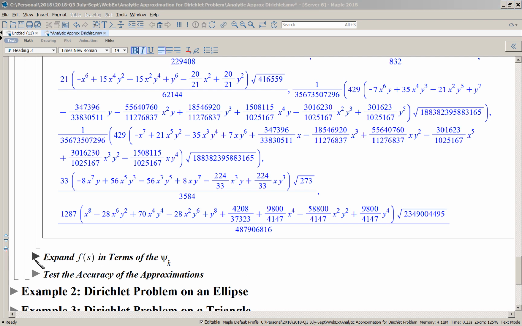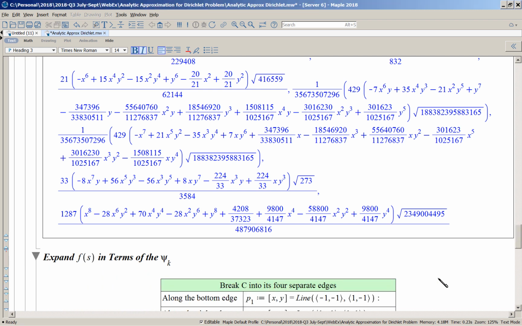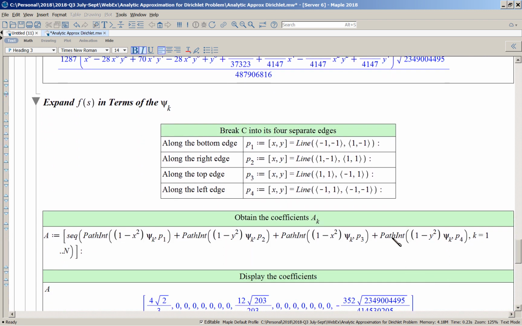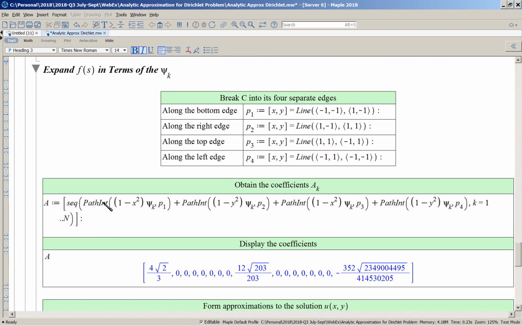Now we have to expand the boundary data function in terms of these psi k's. I'm going to define the syntax for integration along each segment of the polygonal line that makes the boundary of the square. And I'm going to apply pathInt on each segment because the function I'm integrating here changes.